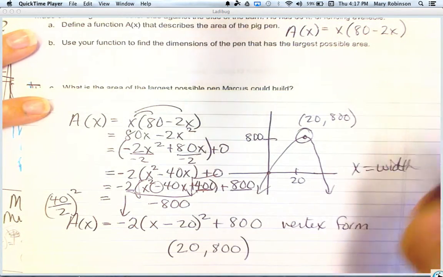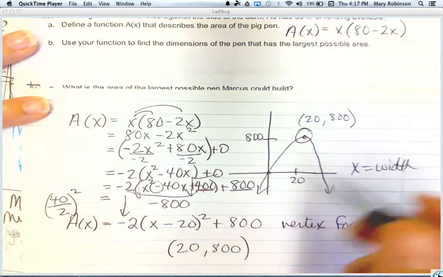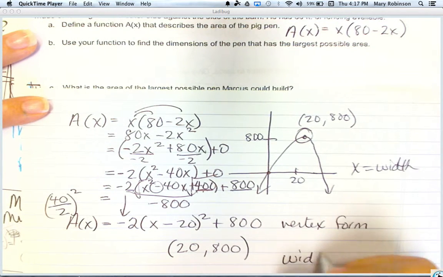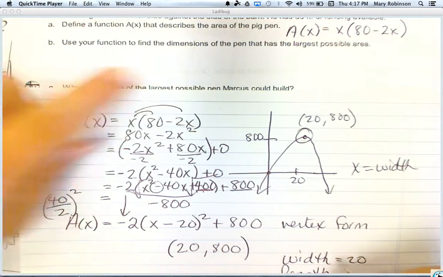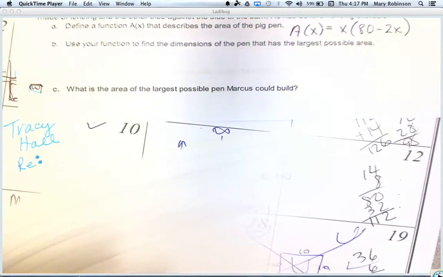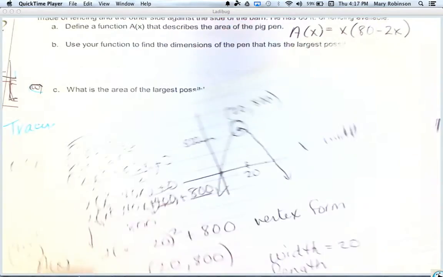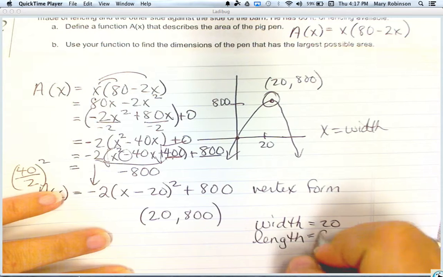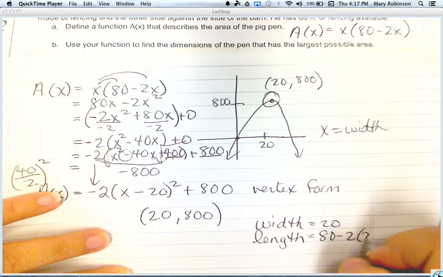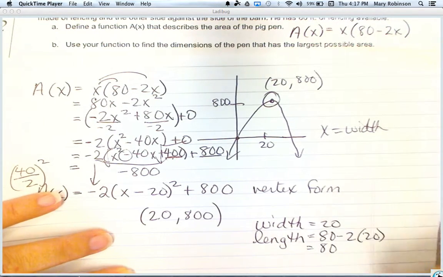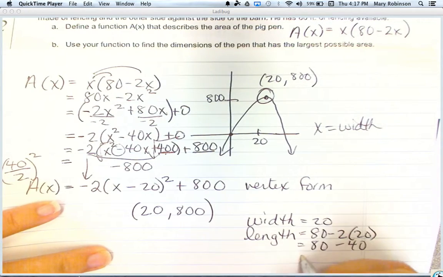But that means the dimensions would be 20 by, so if our width is 20, our length, remember, is 80 minus 2 times w. So 80 minus 2 times 20 would give us 40.